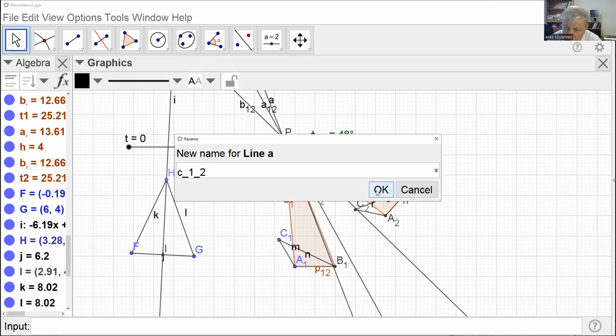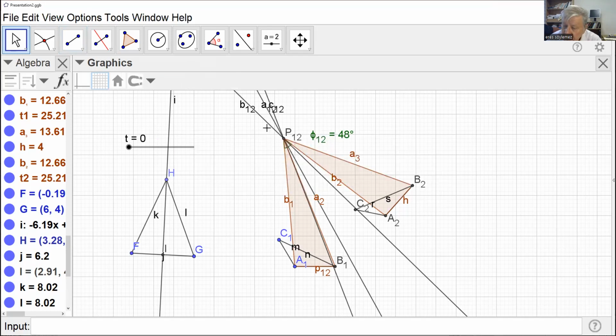Again, the perpendicular bisector to C1C2 passes through P12. If I select any other point, the perpendicular bisector of every homologous point will pass through P12.